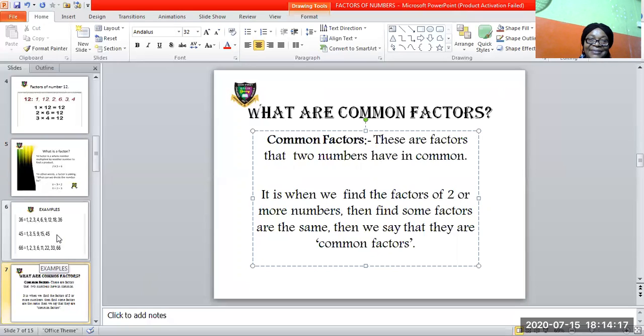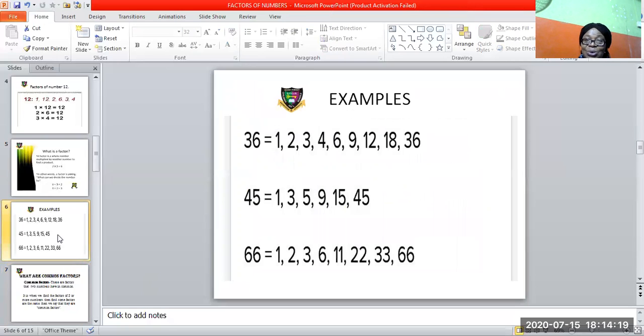So let us look at factors of some numbers. The factors of 36 are 1, 2, 3, 4, 6, 9, 12, 18, 36. The factors of 45 are 1, 3, 5, 9, 15, 45.